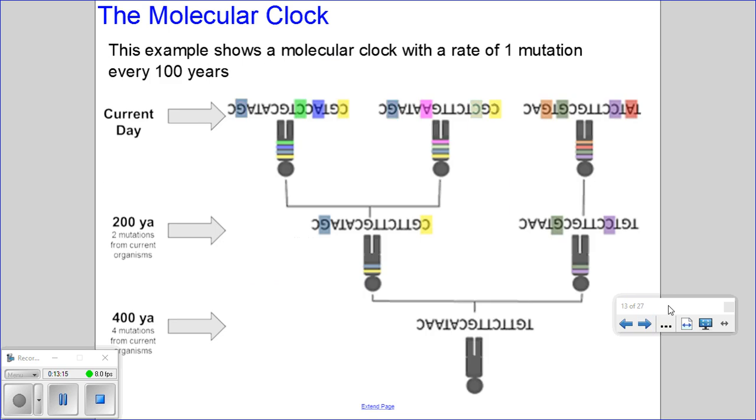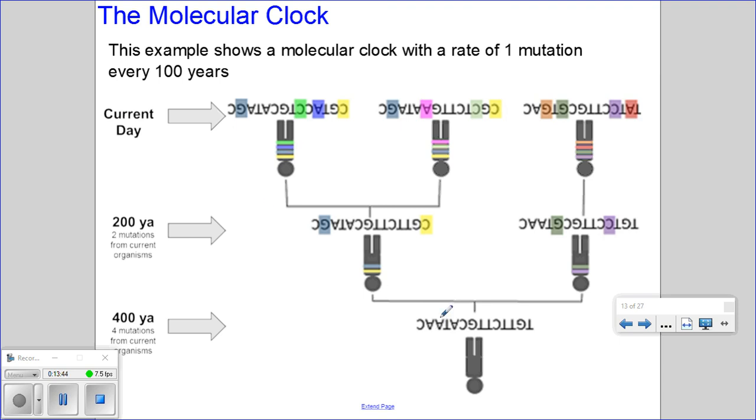So this example shows a molecular clock with a rate of one mutation every 100 years. Here we have the current day organisms, and here we have the common ancestor to them all, and the DNA sequence that may have existed in that common ancestor.